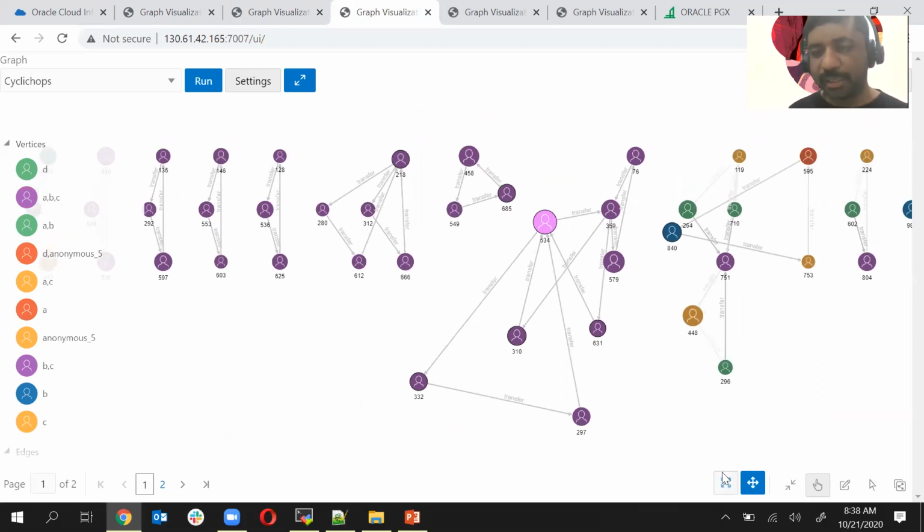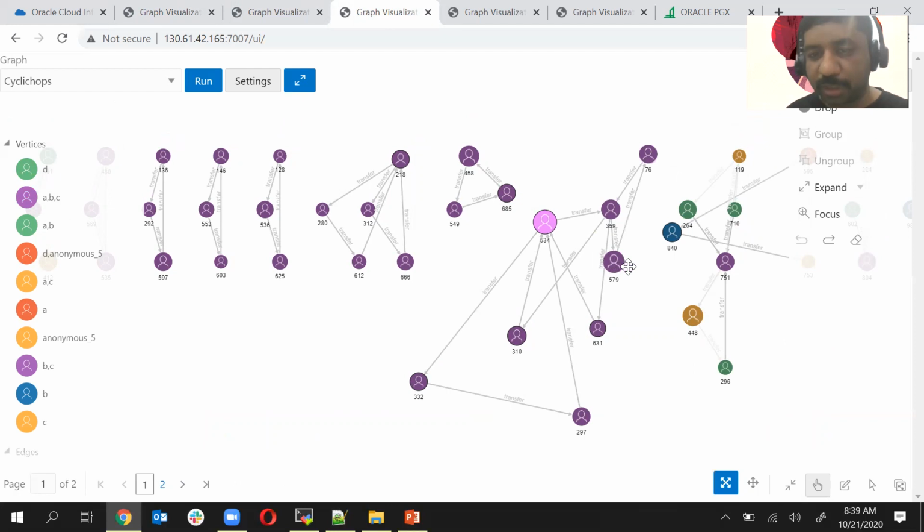And we can also see that there is a multi-node, three-node cycle here between different customers. So it's like a community wherein money has come back to this node 534 after originating from the same node, which is 534.